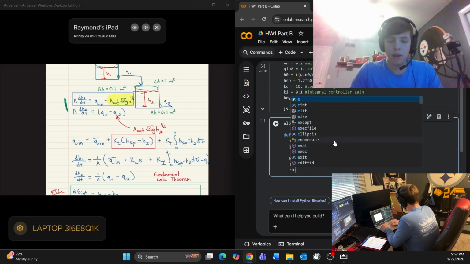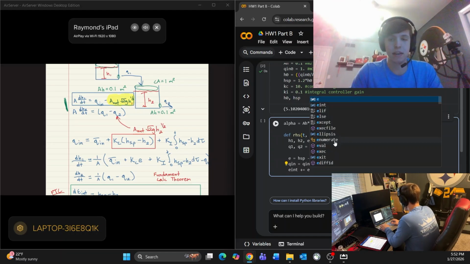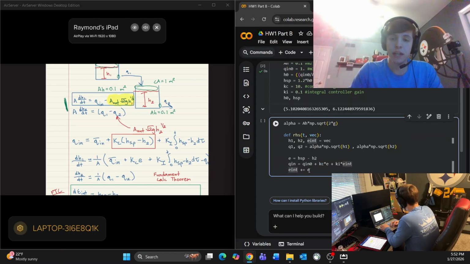And so now we also need to set a boundary that the E integral is separate from the E, and that they are not the same value.